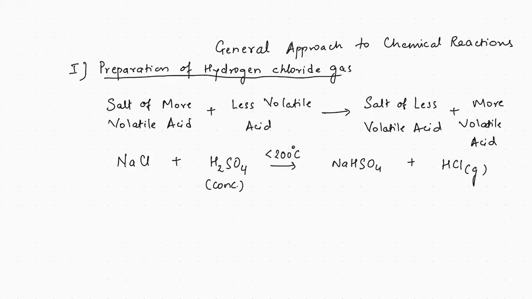One reason that can be asked is, why is sodium chloride preferred over other metallic chlorides? The second question that can be asked is, why is concentrated sulfuric acid used in preparation of HCl gas and not nitric acid? The reason is nitric acid is itself volatile and may volatilize out during the heating of the reactants.